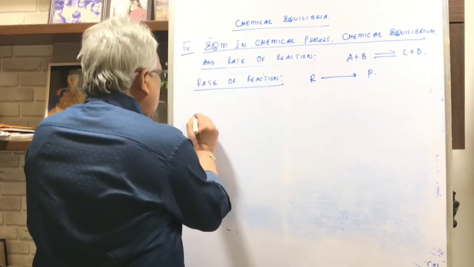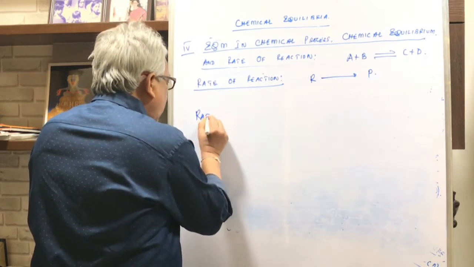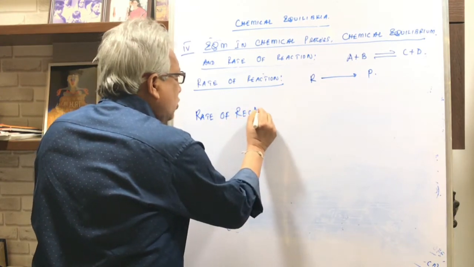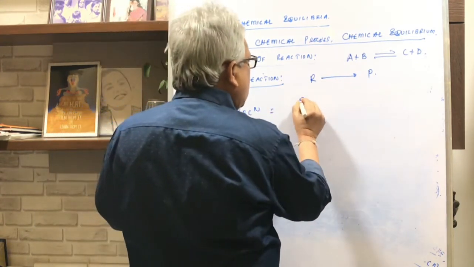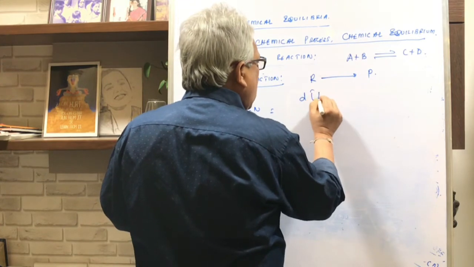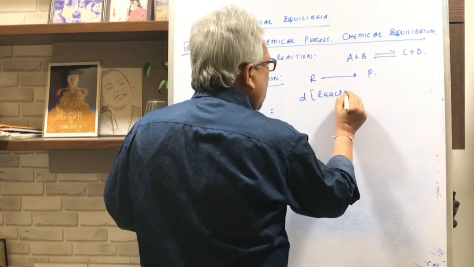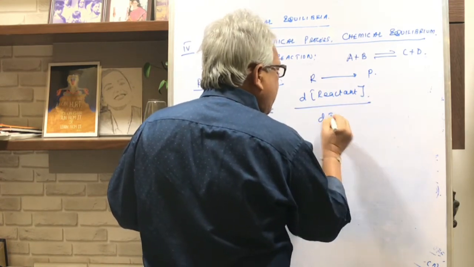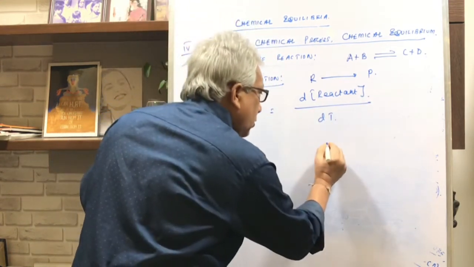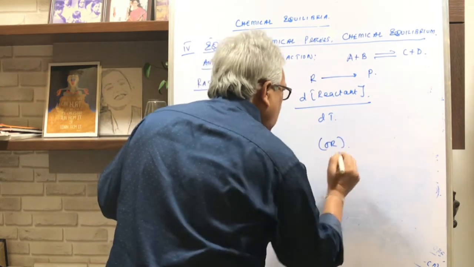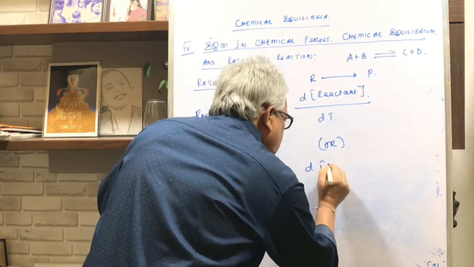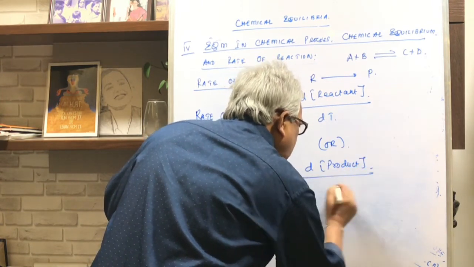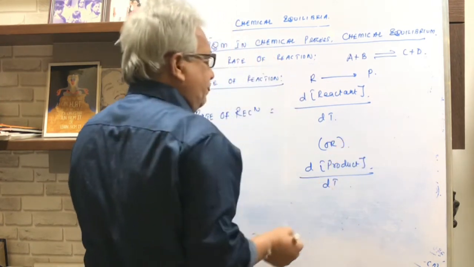Therefore the rate of reaction you can say is with respect to d, which stands for a little change in the concentration of reactant per unit time dt, or change in concentration of product per small unit time dt.